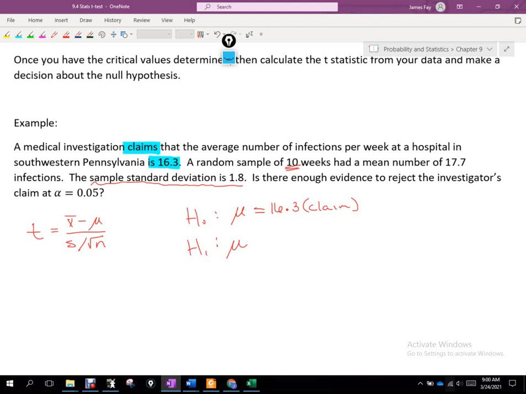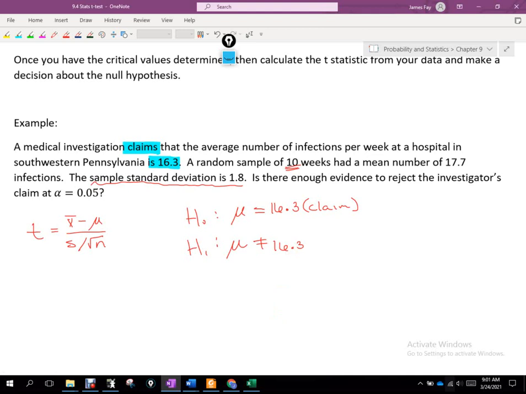So, I'm trying to determine my alternative hypothesis here. Does it tell me to look one way or the other in regards to that 16.3? No. So we probably have to use not equal to for our alternative hypothesis. Okay.